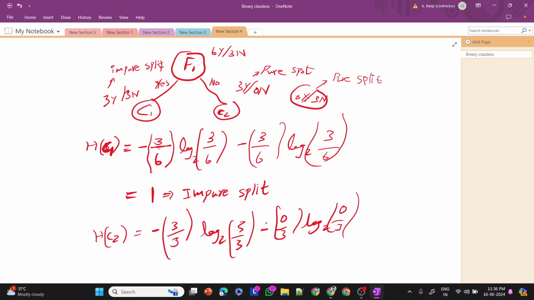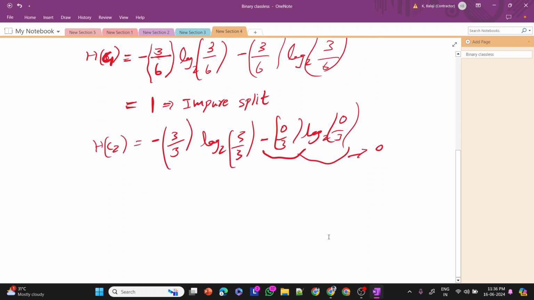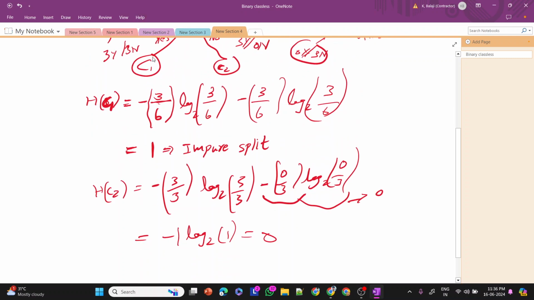This whole value will be 0, and you will get minus 1 times log 2 of 1. So the value is 0.